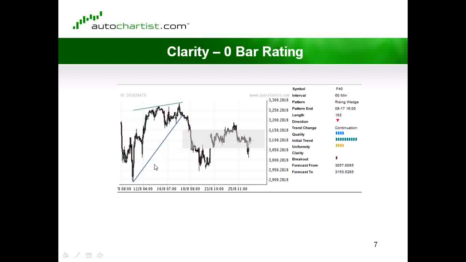Okay, so AutoChartist has picked this up as a wedge. This is a 60-minute chart, but we have a length of 102. Again, it's low. I like to see them over 100, so it's the low end of a particular range.